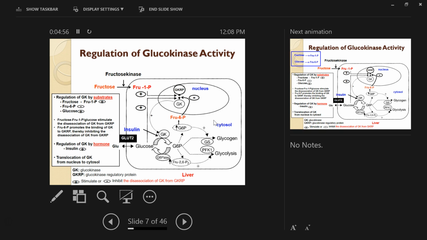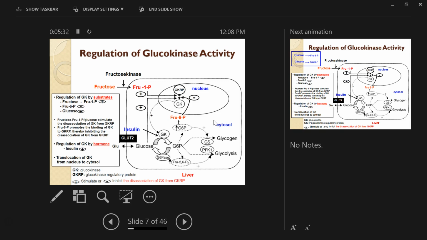And this represents the liver cells, and here is the nucleus, and the rest of the area is the cytosol. So glucokinase basically binds to a protein called glucokinase regulatory protein, GKRP, right? So these 2 proteins bind together and then stay in the nucleus. And glucokinase only needs to be present in the cytosol, right?